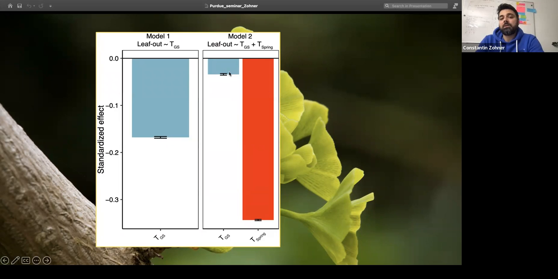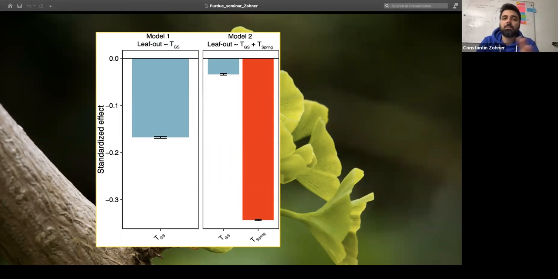Now there's one last thing that has to be considered, which is that temporal trends are never independent of each other. I can correlate anything that has a temporal change with spring leaf out, and I will see a correlation simply because there is a temporal autocorrelation in the data.